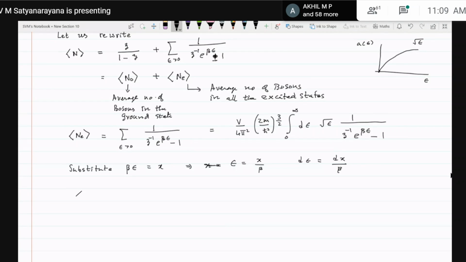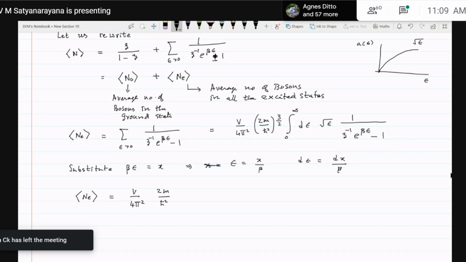So now you can see that N_E is equal to V by 4 pi square into twice m by h bar square to the power 3 by 2.